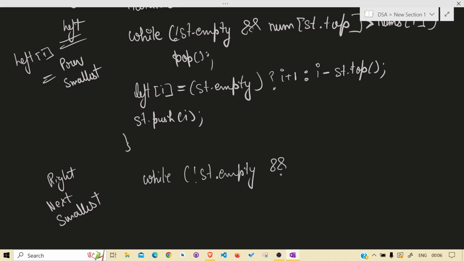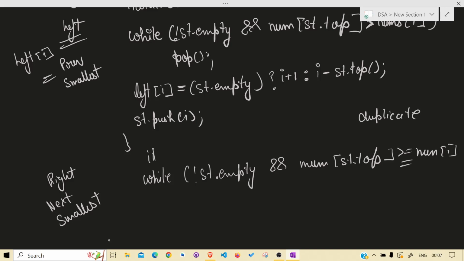There are two things that we are doing. This time we have equal. Why equal? Because to handle duplicates. And also iteration is done from back.